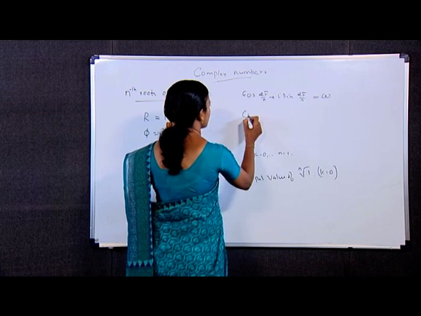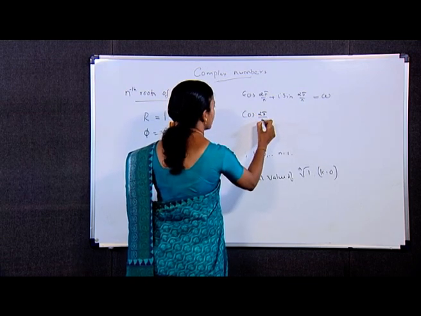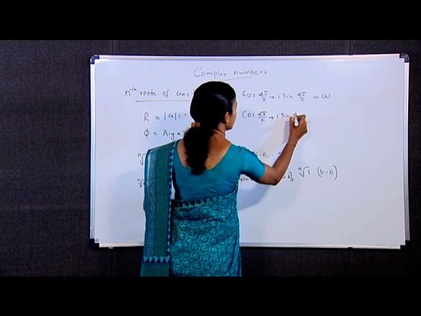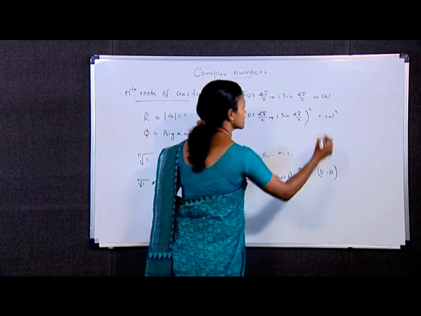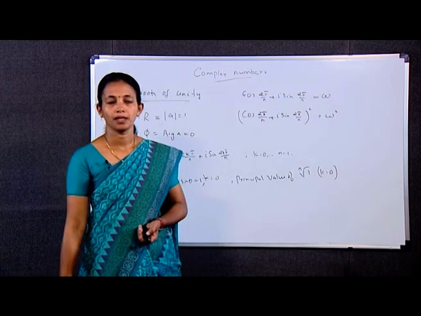When k is equal to 2, we have (cos 2π/n + i sin 2π/n)², which we write as ω².